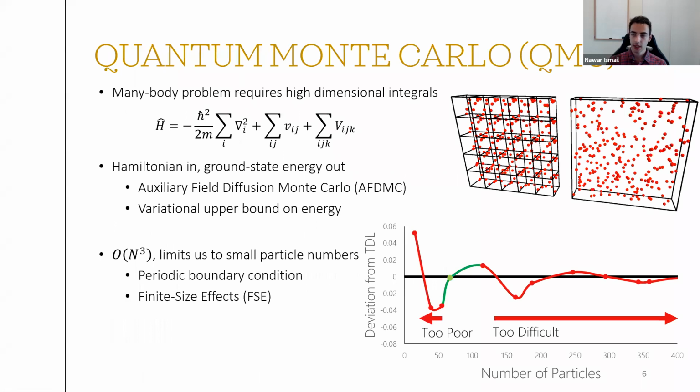I'll start by talking about the two methods that are the most prominent in our work. That's going to be quantum Monte Carlo, which is a stochastic integration technique aimed at solving the many-body problem by essentially solving Schrodinger's equation for potentials that can be very sophisticated.